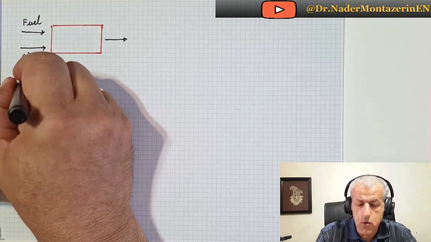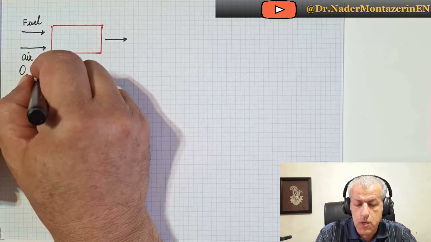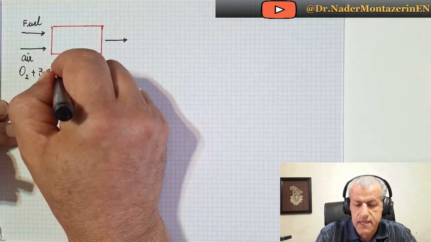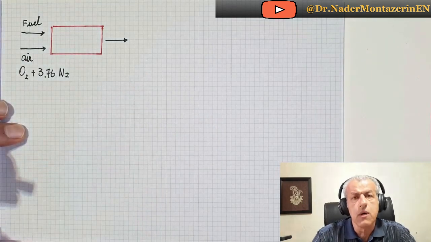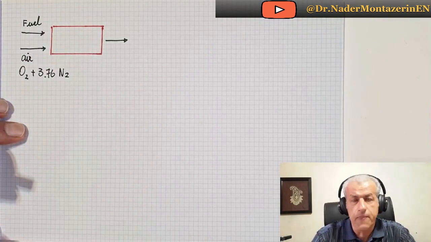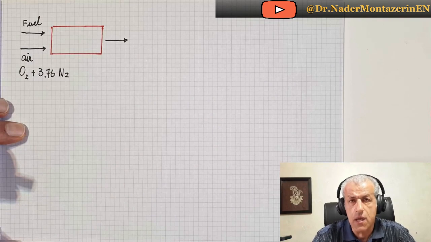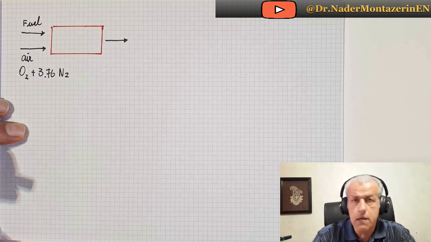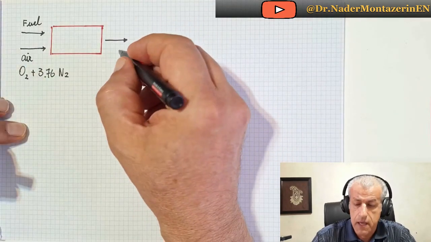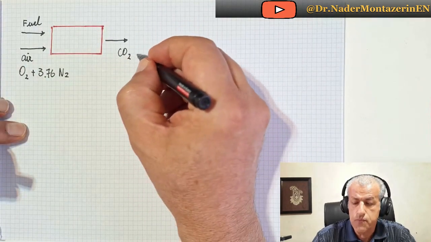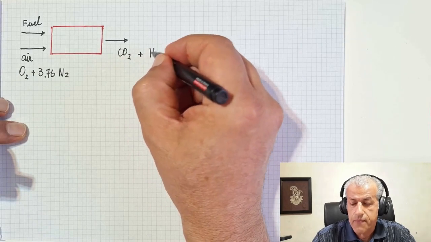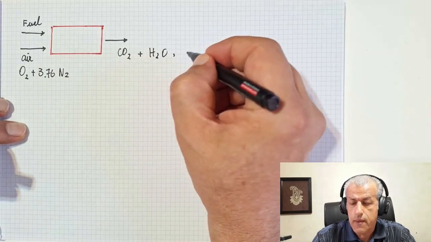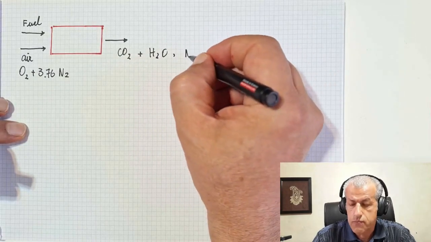So it is O2, which usually has 3.76 N2 with it, and that is the ratio between oxygen and nitrogen in the air. Now, whatever leaves is totally different. It is CO2 plus H2O and N2.